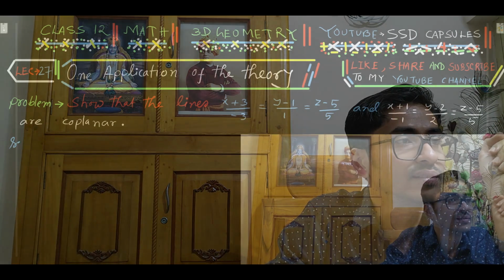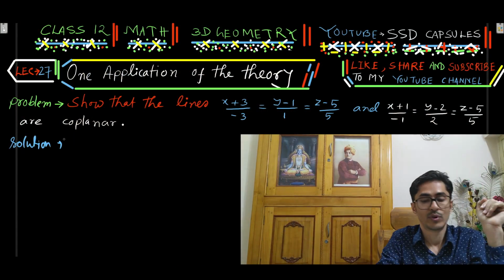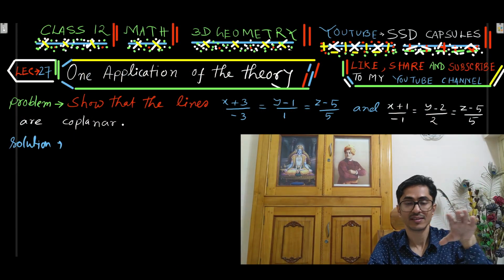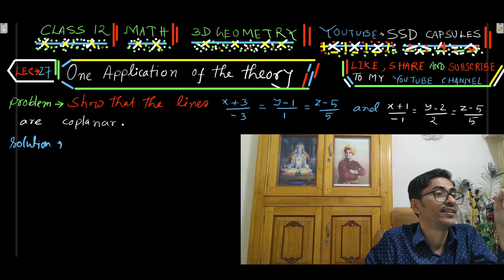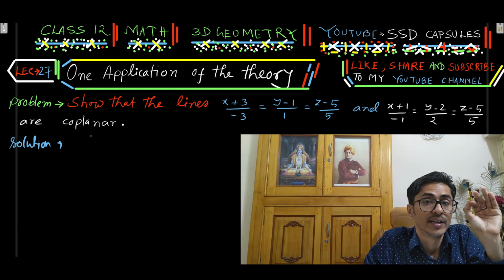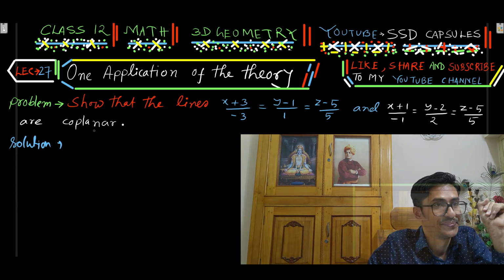Now we are going to see a beautiful application of the theory we have learned. Go to the next page. Show that these lines are coplanar. Here these two lines are in which form, vector form or Cartesian form? Cartesian form. So first we write the solution. After reading the question, we just write down the data.